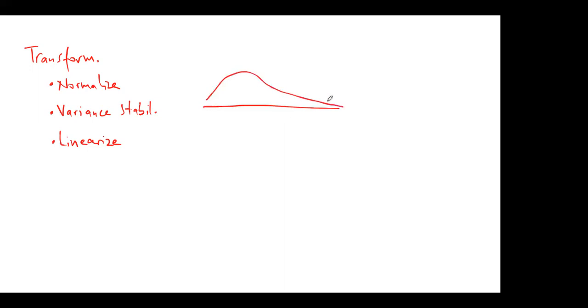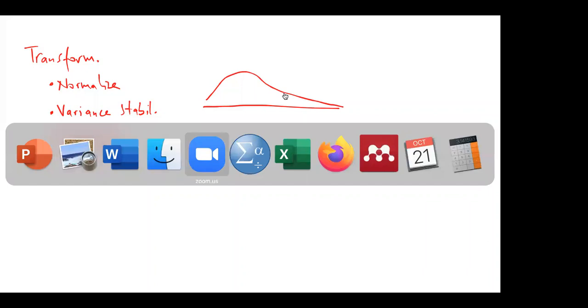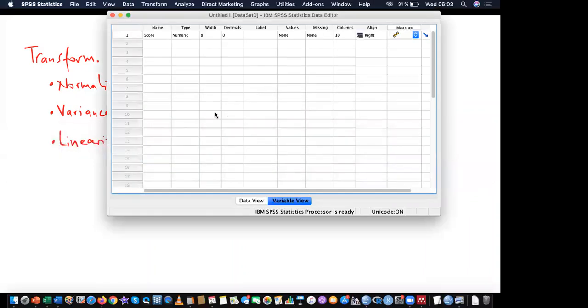Mostly we benefit from transformation if we have skewed data, as it is shown here in this histogram. If you have skewed data, you want to give the mean, but the mean here is not reliable. You cannot present the mean. You may decide to transform it, and then it may become normalized.